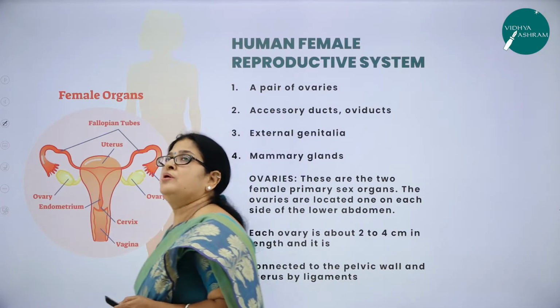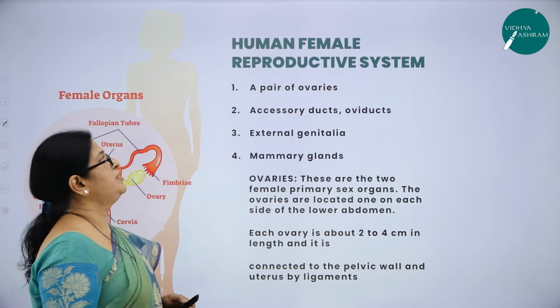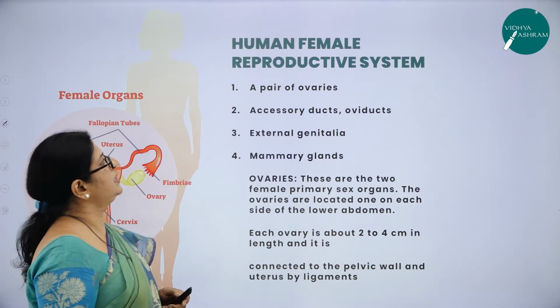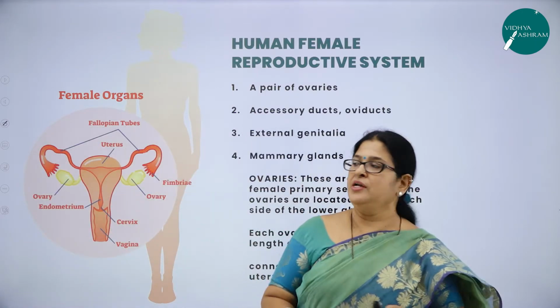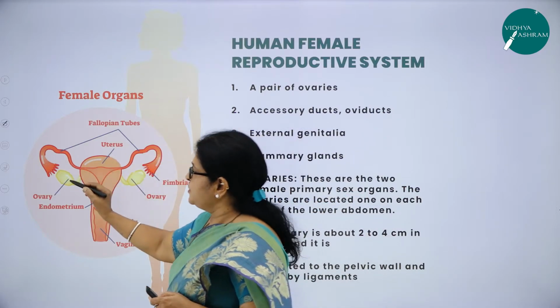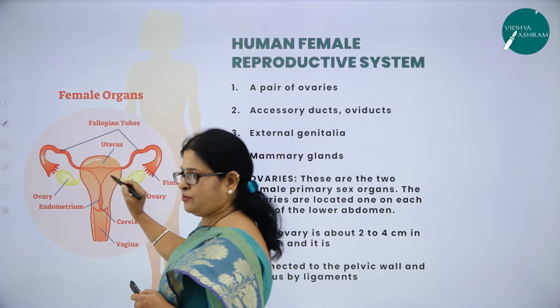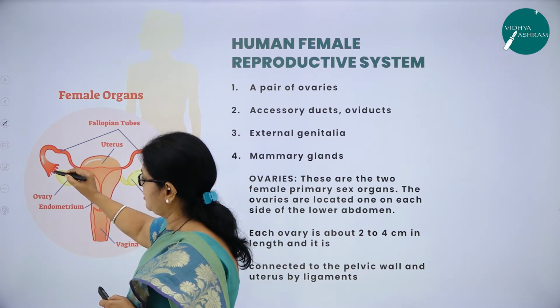Right. Now, so far we studied about the male reproductive system, and now let us study about the female reproductive system. What are the important parts of the female reproductive system? So here in the diagram you can see this is a pair of ovary which produces the ova, and here you can see the finger-like projections called fimbriae.